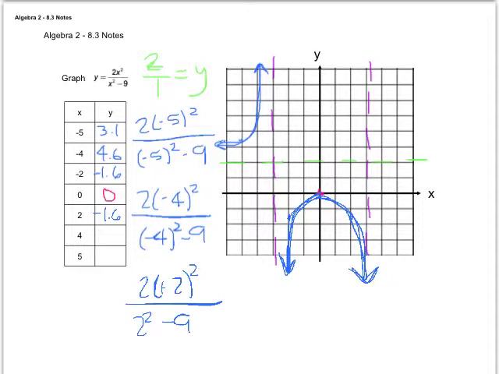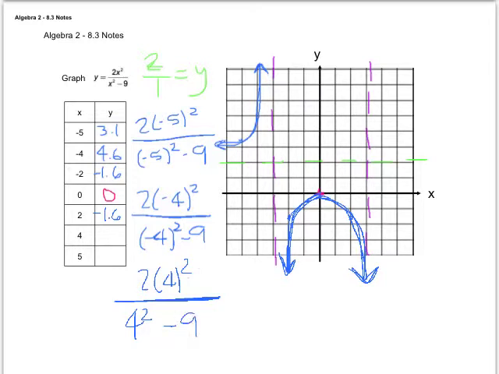And then finally on the right-hand side of the last asymptote, we've got 4 and 5. So when I do 4, I'm going to end up with 2 times 4 squared over 4 squared minus 9.